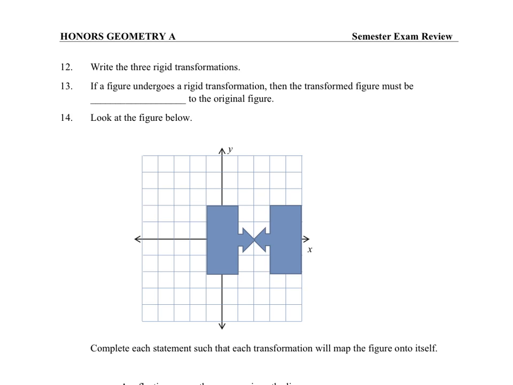Question 12 asks, write the 3 rigid transformations. Well, the 3 rigid transformations are translation, rotation, and reflection. These are the 3 different transformations that preserve size and shape.